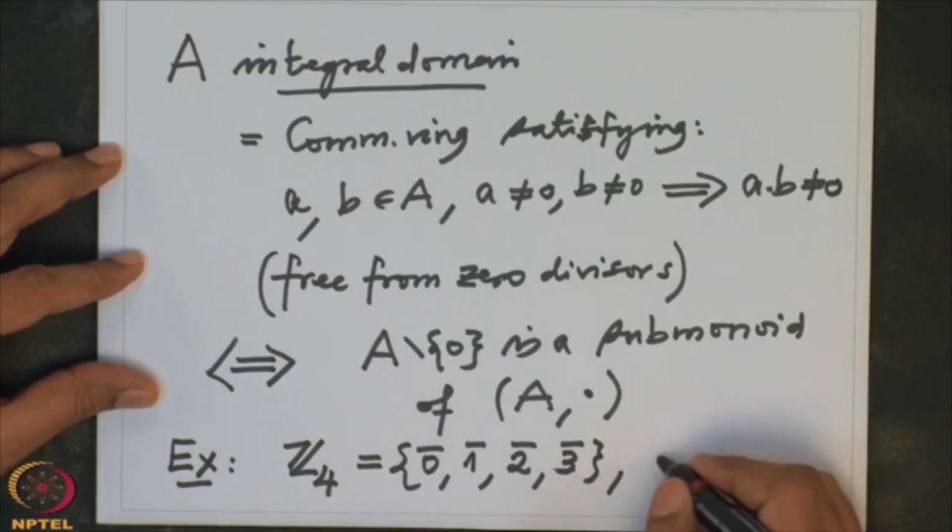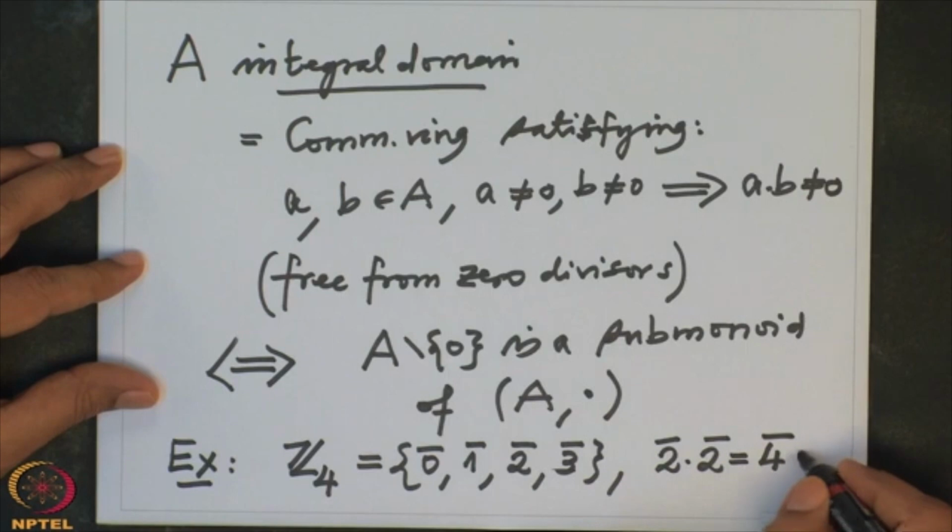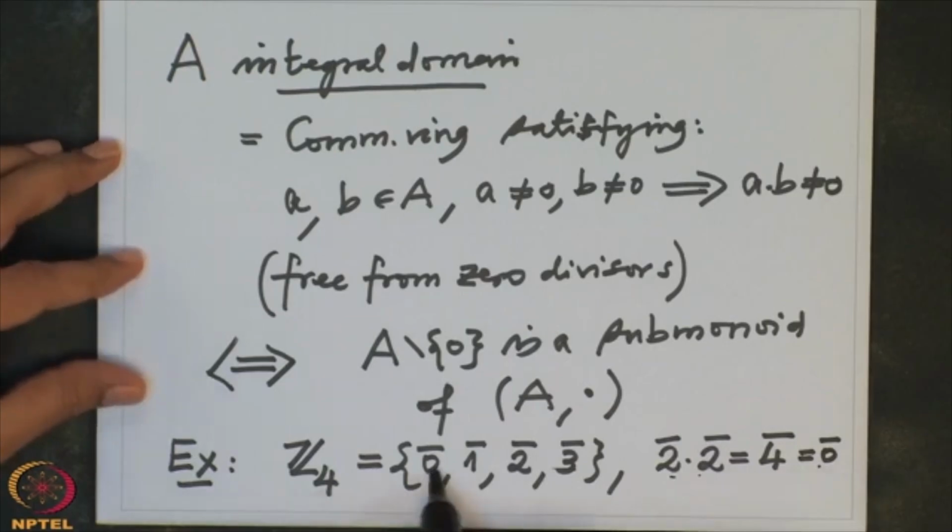And in this, 2 bar times 2 bar is: multiply 2 and 2 as usual and take the remainder after division by 4, which is 0 bar. So 2 bar times 2 bar is 0 bar.